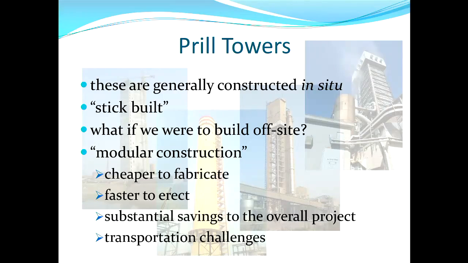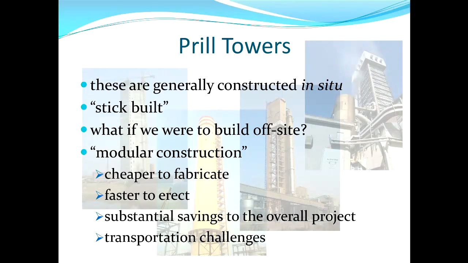The hope is that being built in a factory, it would be cheaper to fabricate, it would be faster to erect, so it's more economical to construct the prill tower. You have less time on site with large numbers of people. The drivers for those two decisions are economic.